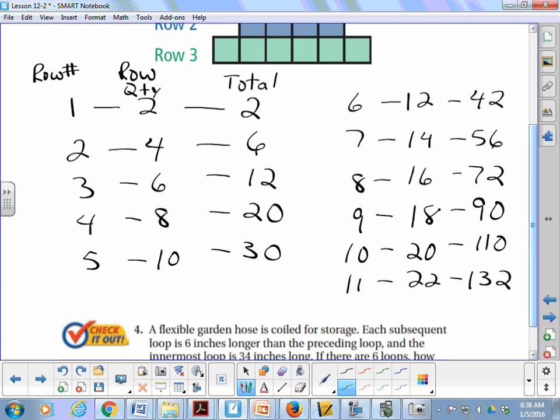Because row 12 would be 24, which would give me 156, which is greater than the number of stones I have. So we would have 11 rows of stones then, with the 11th row holding 22, and I'm using 132 total stones.